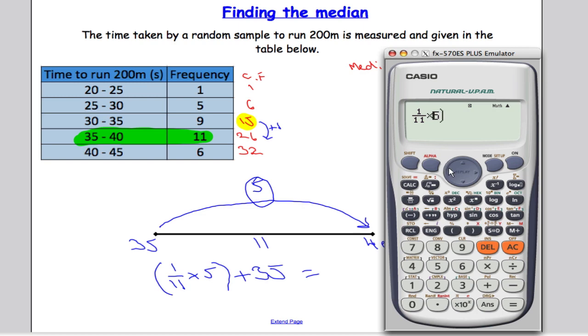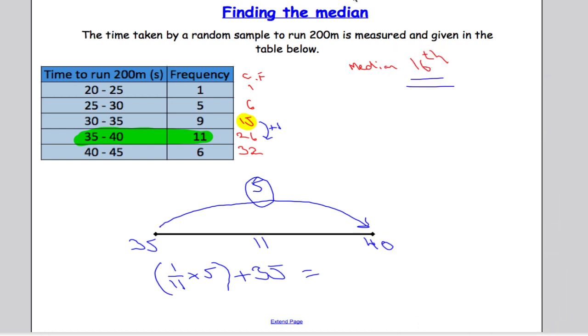Let's put up some brackets here. We don't want the syntax error. And then I'm going to add on the lower bound, which gives me 35.5 to 3 significant figures.